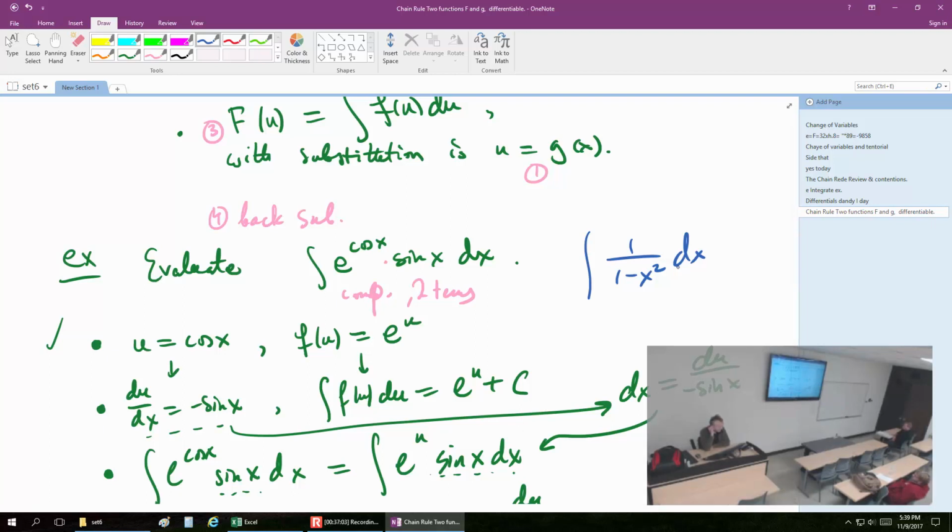So in this course we pick primarily very straightforward substitutions, the one that you would guess if you just look at it. If you understand compositions, you'll see the two functions. You'll see one on the inside. That is always the one to be chosen as your new variable, and you just carry out this little plan.